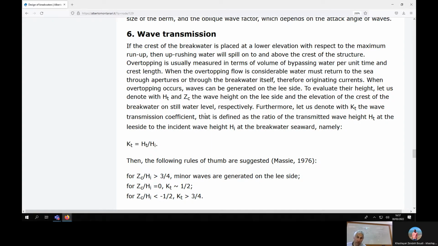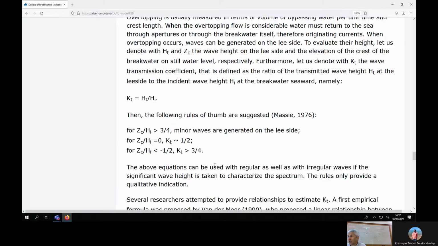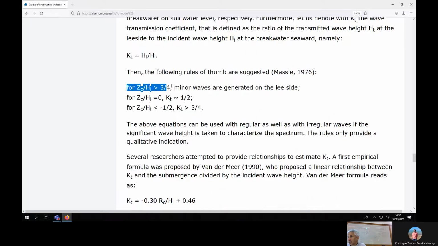So you take the mean elevation of the sea surface in still conditions, and then you estimate the elevation of the breakwater above this mean water level, and you denote it as ZC. These are the rules of thumb that are suggested.